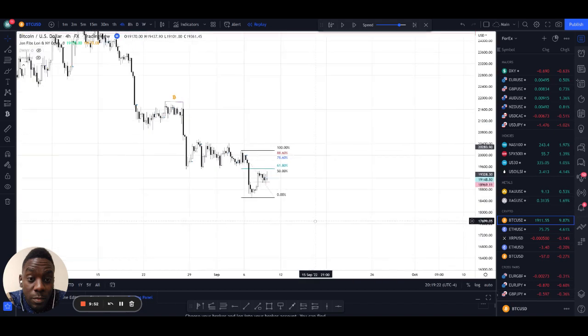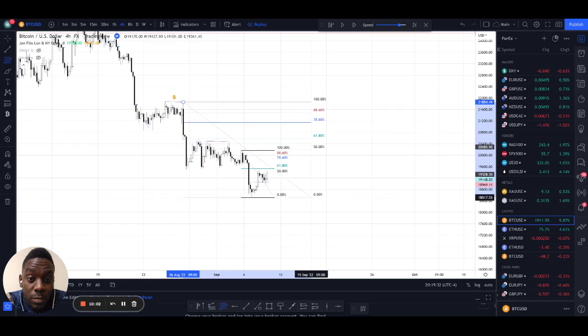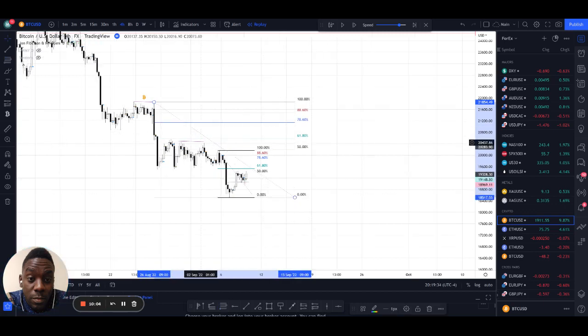Now, at this point, where would be the potential target? So there's a lot of liquidity above these highs. And we're going to also use the fib again. So high to low. And just like when we're getting in, we want to buy at or below the 50%, ideally we want to get out of the trade similarly at or above the 50%.